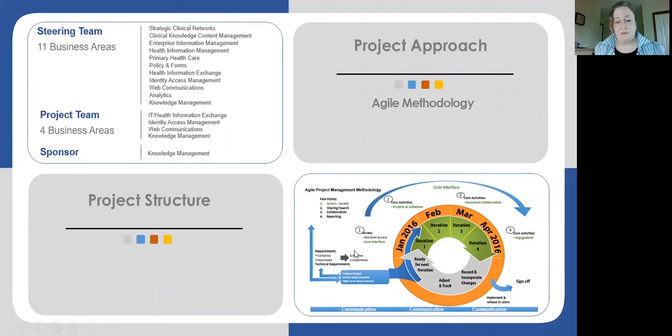I think that's probably something important when we have a mega project. All these areas that you have seen in the steering team were interviewed, and we asked them to provide scenarios of their day-to-day work. We analyzed all those interviews, and that's how we ended up with 4 components of core activities that they are doing.